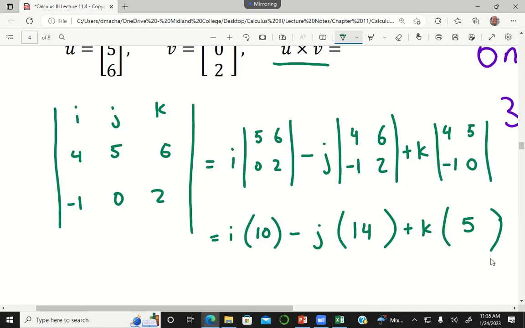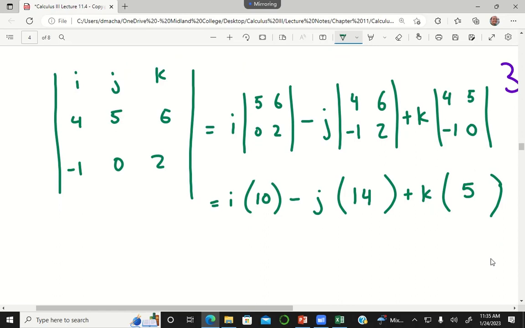Okay. So, like I said, the cross product is a way to multiply two vectors where the result is a vector. So here, my result is going to be 10, negative 14, 5. Because remember, i is the vector 1, 0, 0, j is the vector 0, 1, 0, and k is the vector 0, 0, 1.